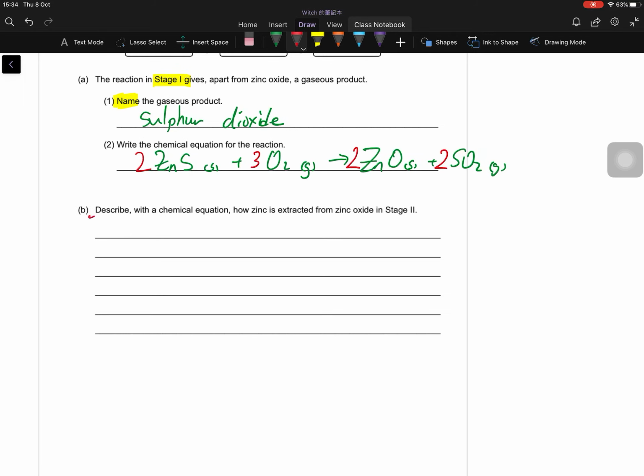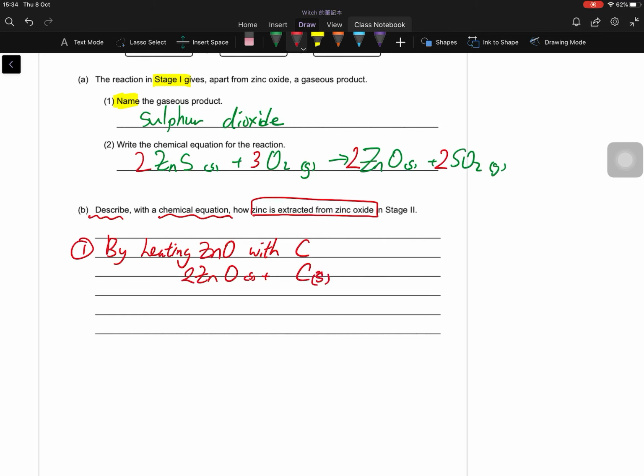The next one is describe with chemical equations how zinc is extracted from zinc oxide. Well, first, let's write down the equation first. You can have 3 choices. Choice 1 is by heating zinc oxide with carbon, and the equation is zinc oxide, carbon, to form zinc metal and CO2.